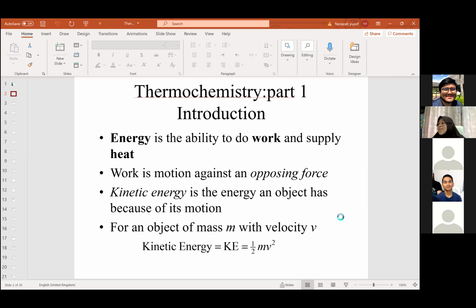Okay, energy definition: energy is the ability to do work and supply heat. In thermodynamics, this is very important.